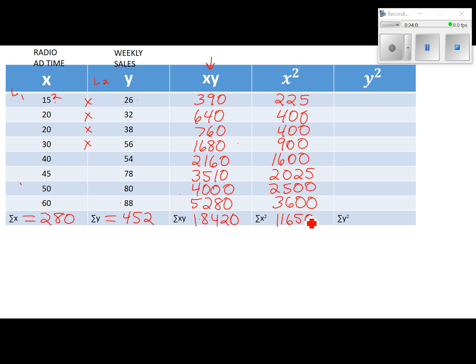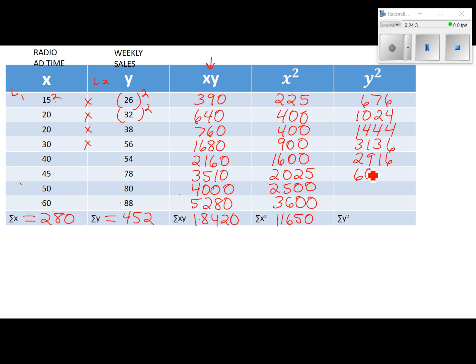Then the last column, you take each of these y's and square them. First one, I got 676. Next one, I squared 32, and I got 1024. Then I got 1444, then 3136, then 2,916.